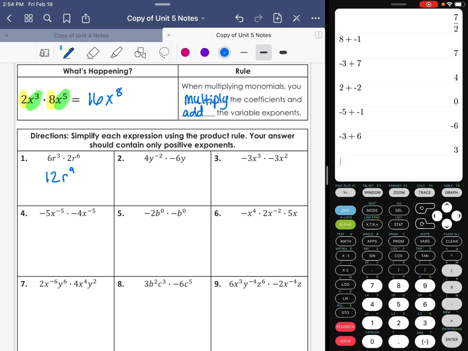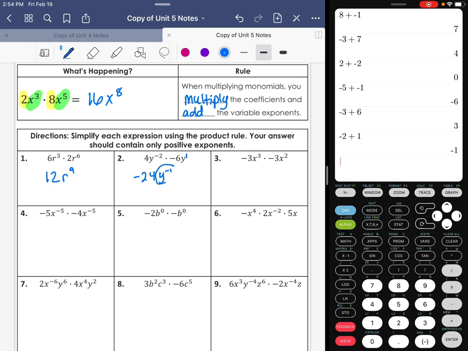If you have one like number 2, you're going to multiply 4 times negative 6 and get negative 24. Remember, the coefficient can be negative, just the exponent cannot be negative. So don't move coefficients just because they're negative. They're fine. And then we've got negative 2 plus 1. Okay, because this is a 1. So that means we've got y to the negative 1 power. Well, we can't have that.